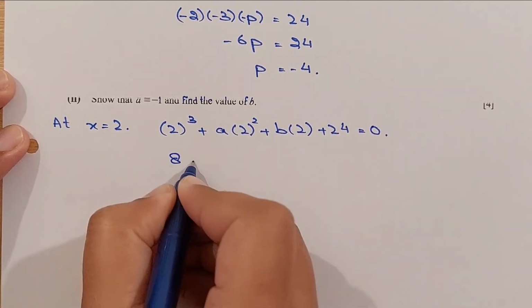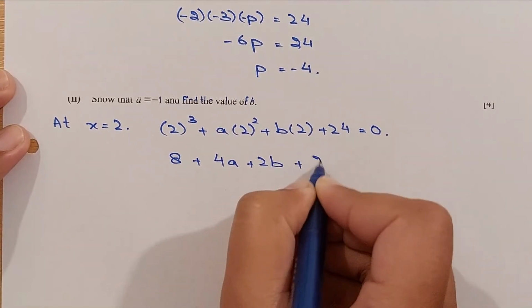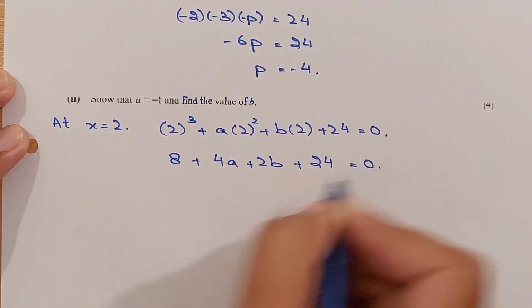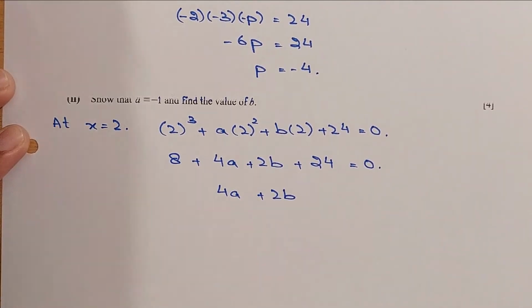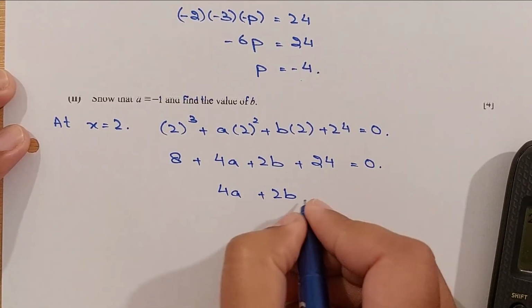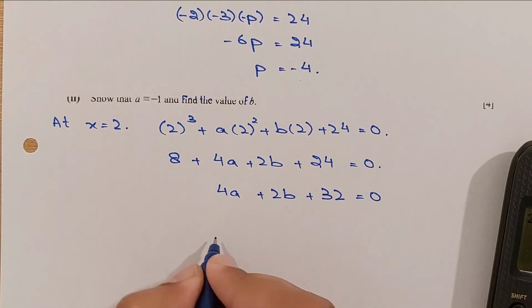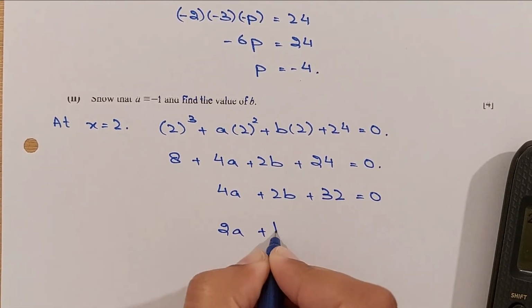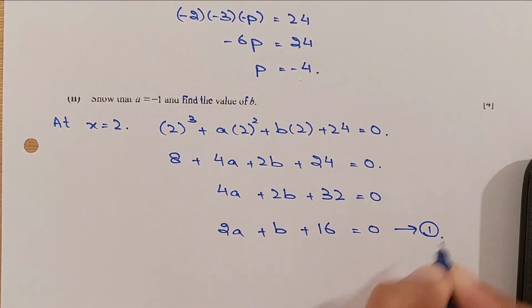So 8 plus 4a plus 2b plus 24 equals 0. So 4a plus 2b and 24 plus 8 is 32, plus 32 equals 0. Now dividing by 2, we have 2a plus b plus 16 equals 0, the first equation, right?